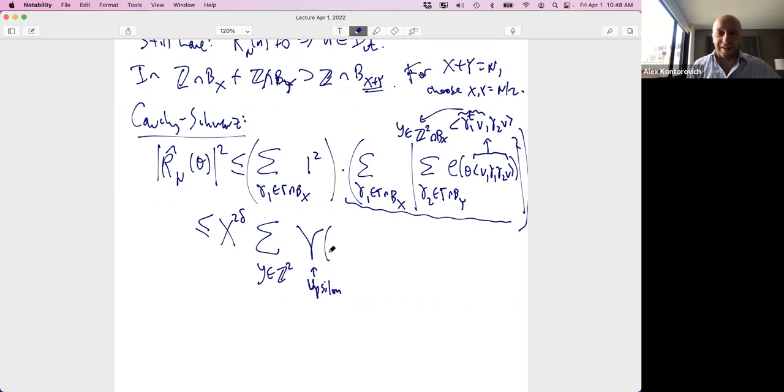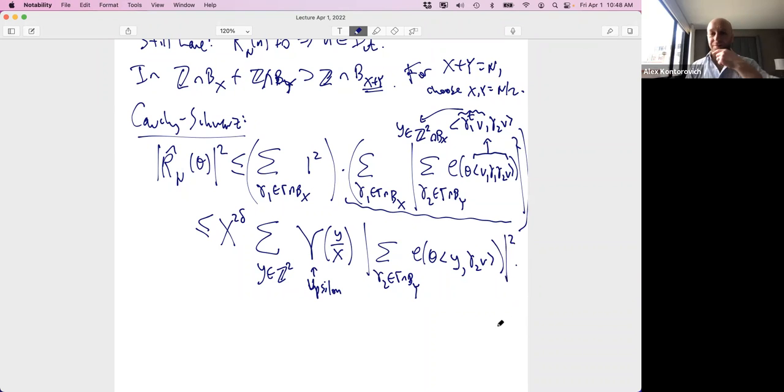Okay. Upsilon of y over x times the sum over gamma in a ball of size big Y of e to the 2 pi i theta times the inner product of little y and gamma, squared, where, so what do I want about this capital upsilon?